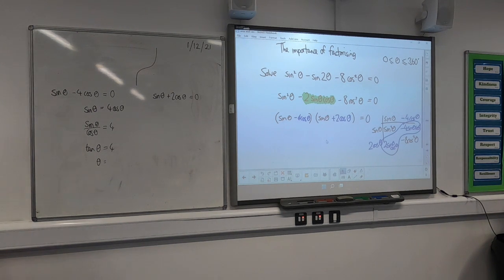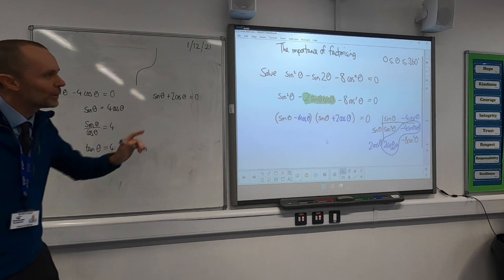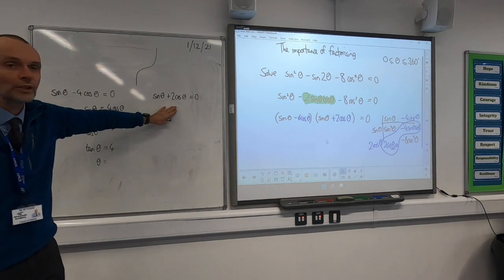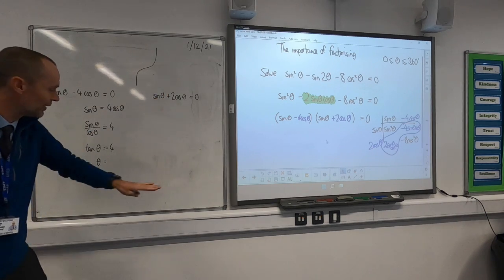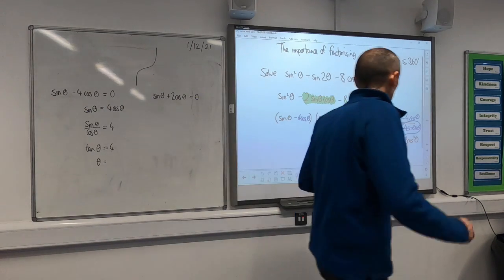So go on, shift tan that for me. Get me all the angles between 0 and 360, and then see if you can do the almost identical process with this one to get another set of solutions.